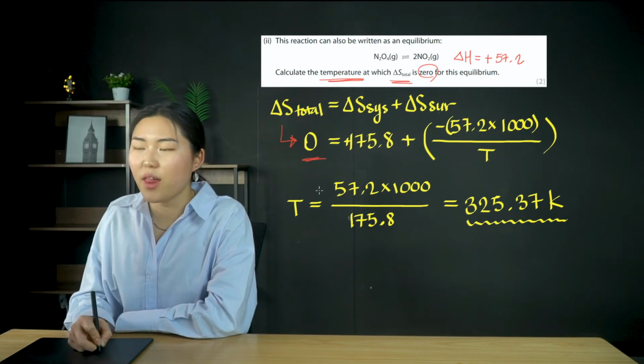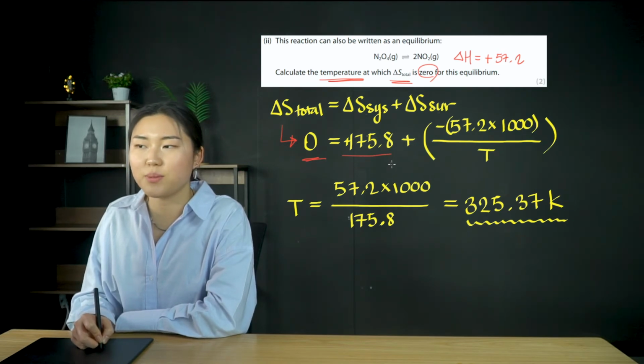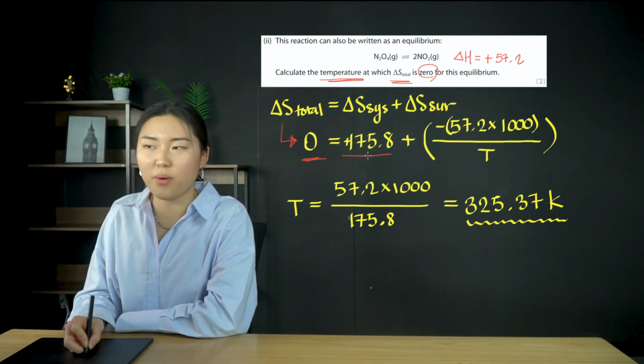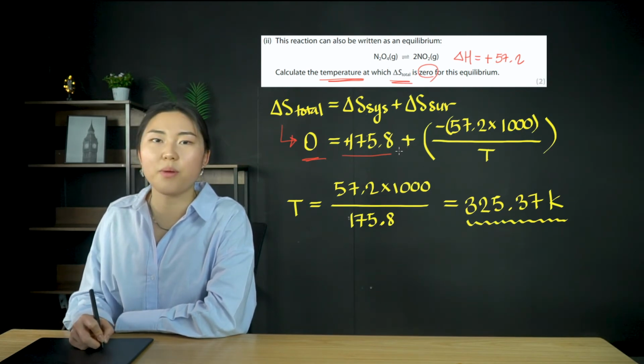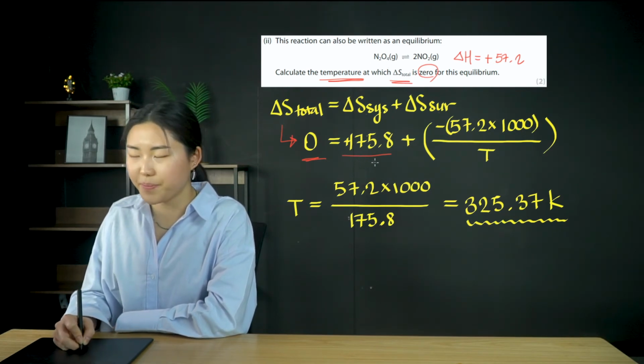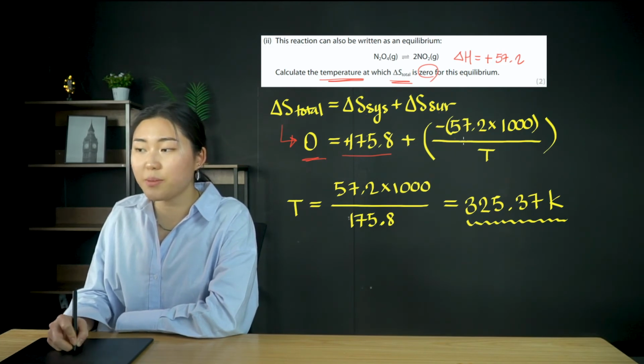And we know the delta S system, which was 175.8. This is just the difference between the entropy of the products and the reactants, right? And this was calculated from part A. And we have the delta H substituted over here, times 1,000.